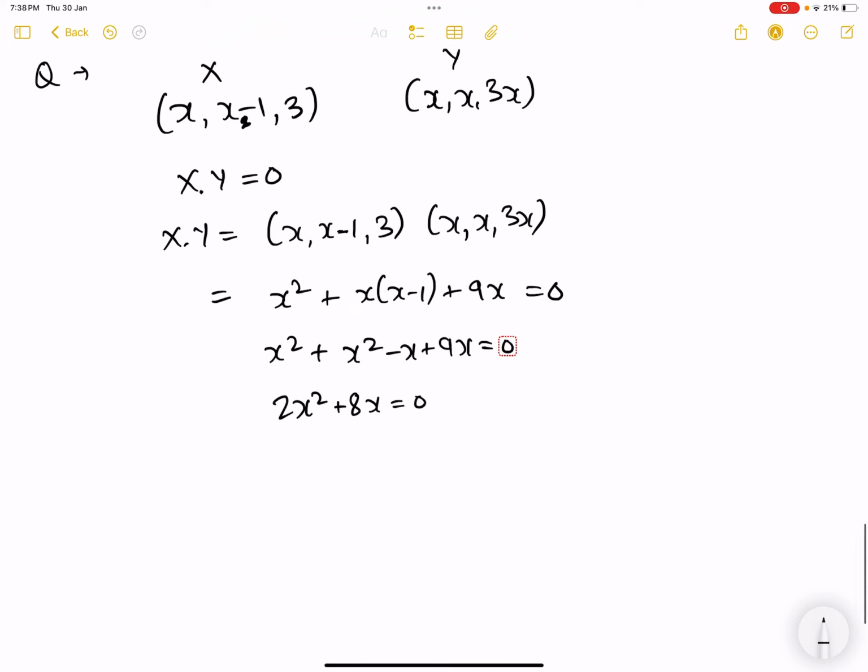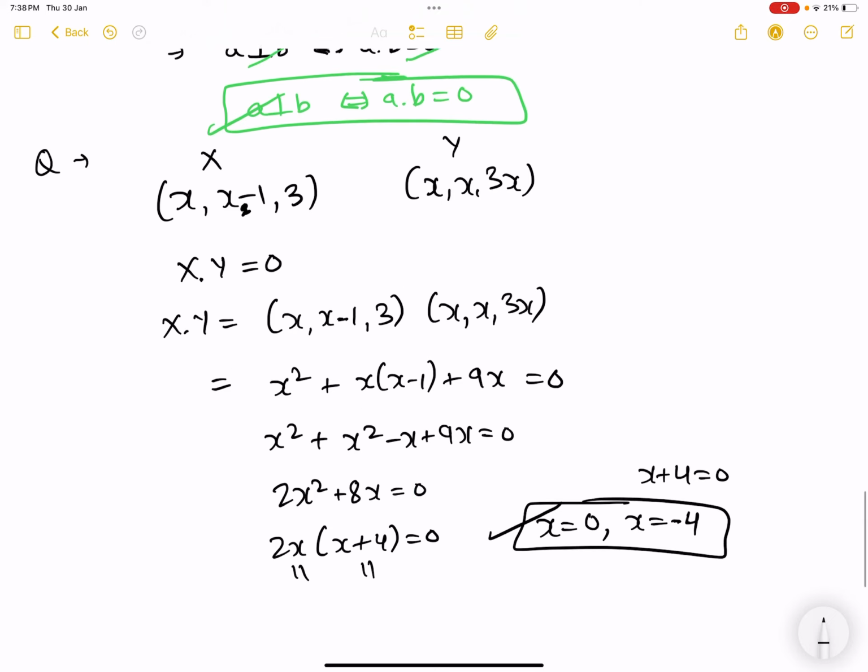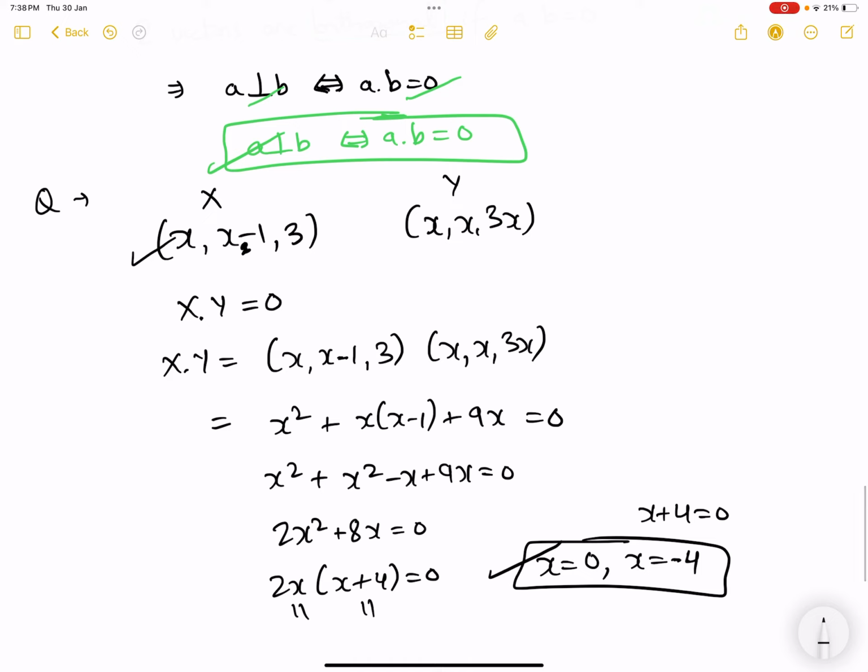You can take 2x common. x plus 4 equals 0. So this can be 0 or this can be 0. So x equals 0 or x plus 4 equals 0, which means x equals minus 4. So when x equals 0 and x equals minus 4, the two vectors would be orthogonal to each other. Okay, thank you.